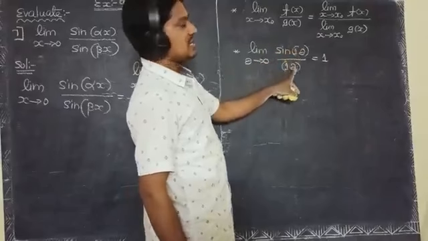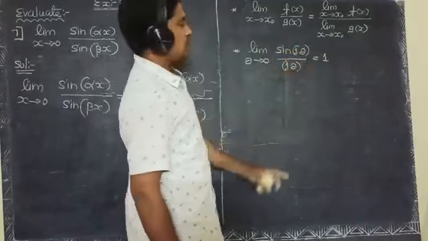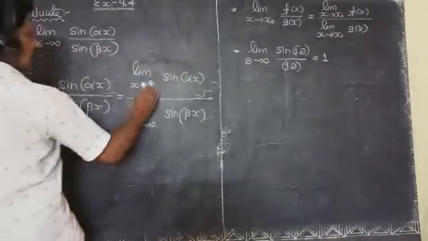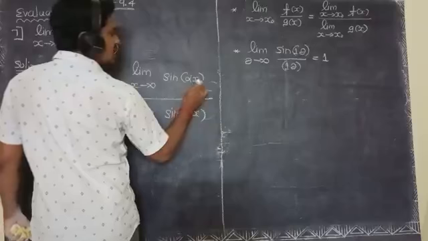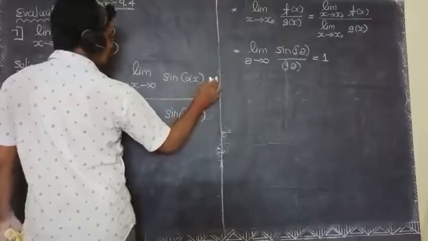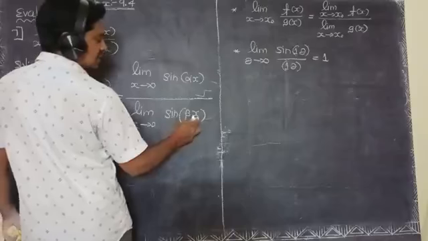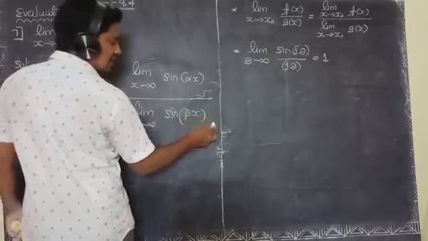Sin square theta means theta square, which is equal to 1. So in the numerator, we multiply and divide by alpha x, and in the denominator we multiply and divide by beta x.